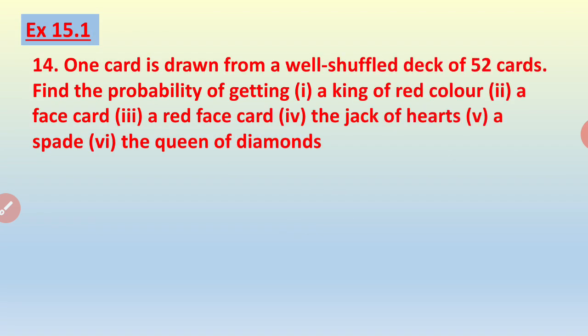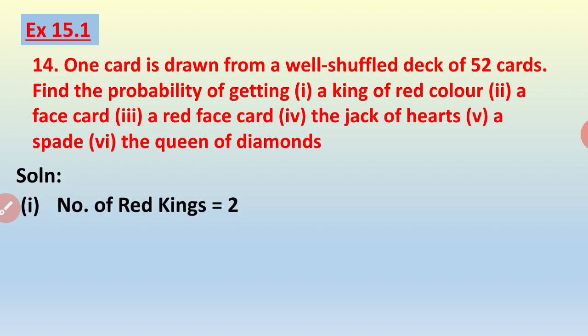Question number 14 now. One card is drawn from a well-shuffled deck of 52 cards. Now you have a deck of cards and we all know that there are 52 cards in a deck. Here we have to find out various probabilities. So let us try them one by one. The first one is a king of red color.